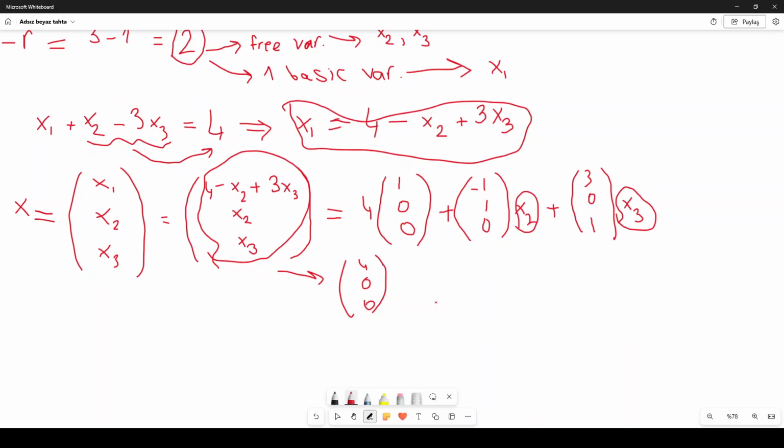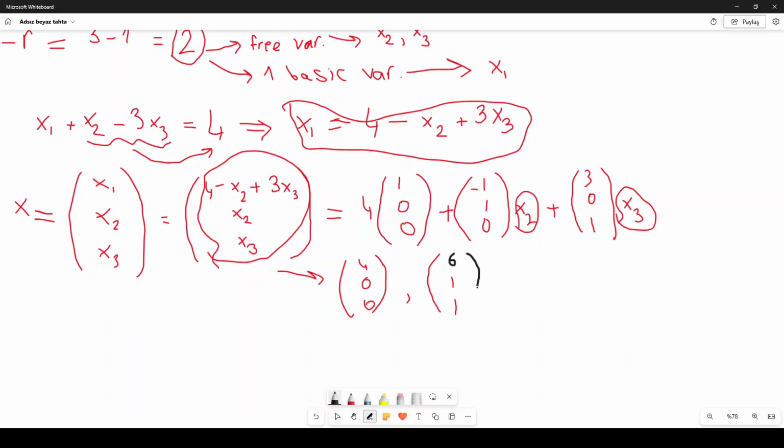So say if I take x2 is 1 and x3 is 1, then what do I get? By the way, this is not 0. 4 plus 3, 7 minus 1 is equal to 6 here.